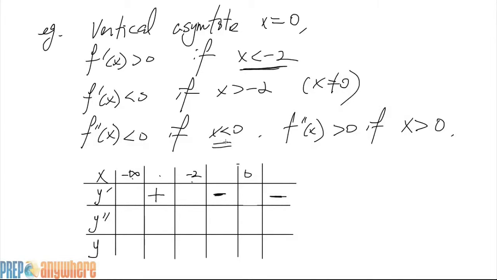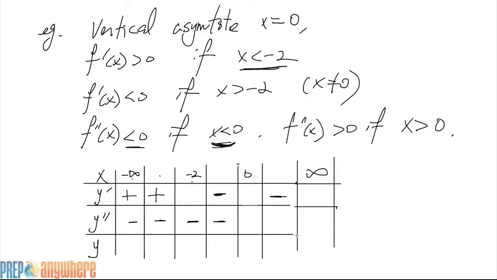Second derivative, when it's to the left of the 0, it's negative. So you put negative here. I guess I should put infinity here, like that. Okay, are you guys okay with the way I'm filling in the box so far?